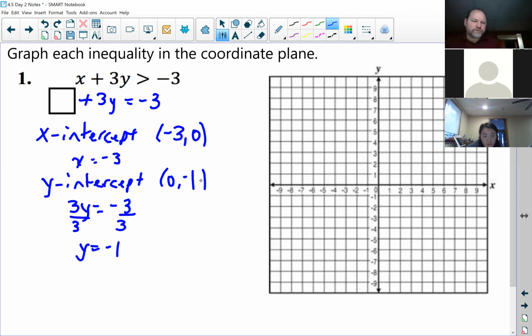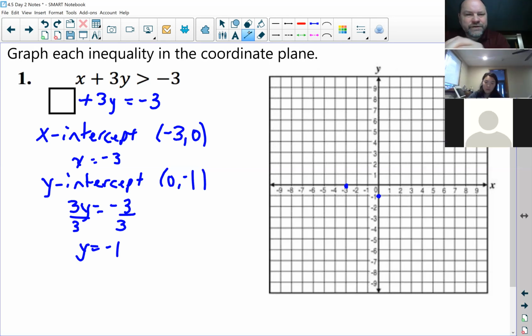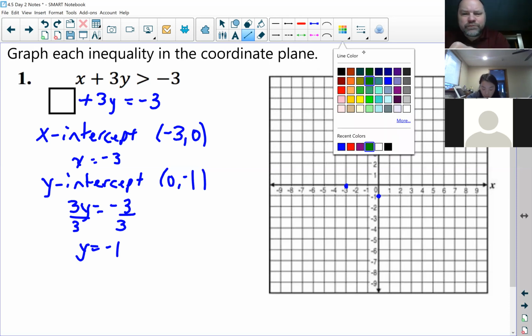I get y equals -1. Is my line going to be solid or dashed? Dashed, correct. So I want it blue. I think it should be dashed already.